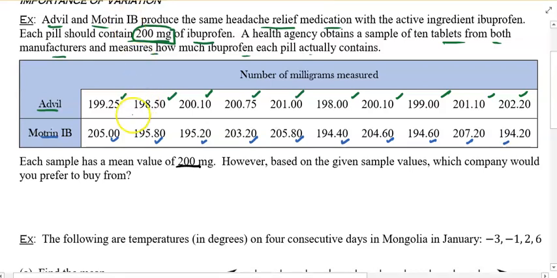If it was me, I would prefer to buy from Advil.